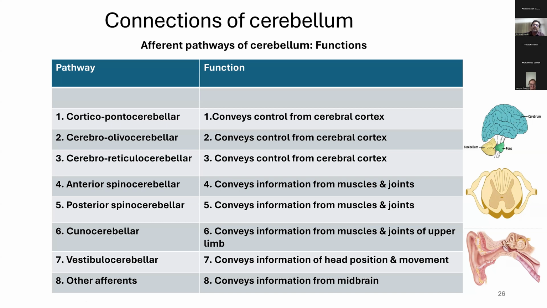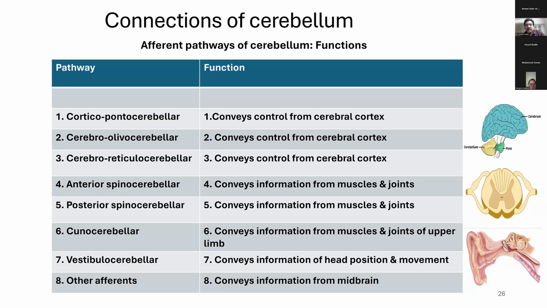Similarly, the posterior one takes the same information from the muscles and joints. So spinocerebellar, whether anterior or posterior, these afferent pathways bring information from the muscles and joints. Now the sixth one is the cuneocerebellar. It conveys information again from the muscles and joints, but from the upper half, the upper limbs.